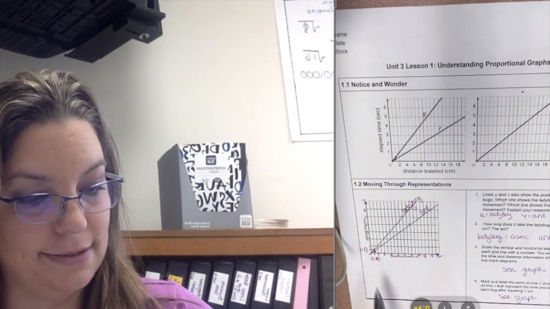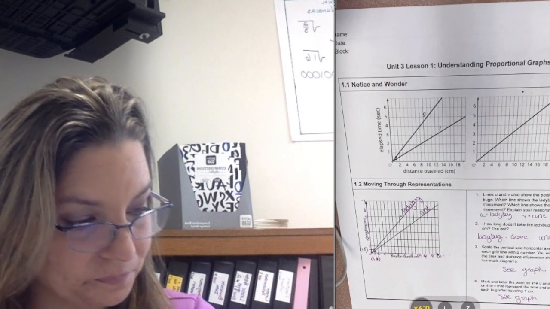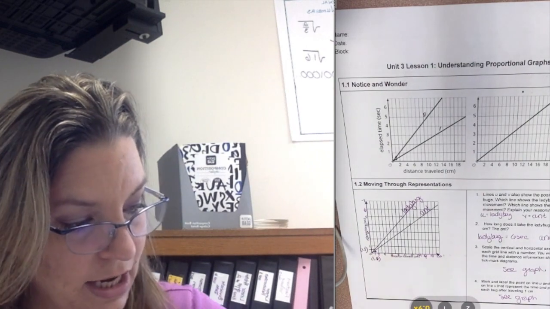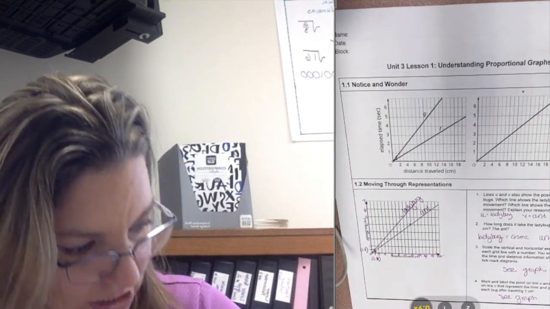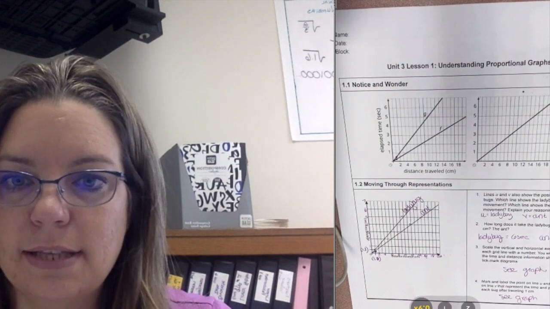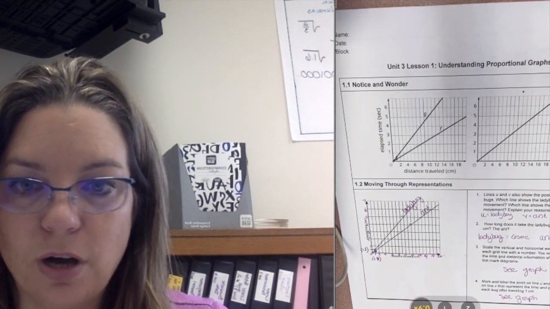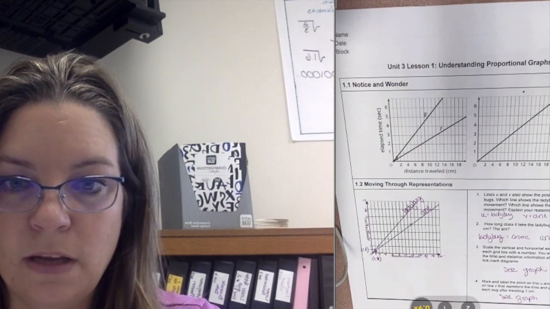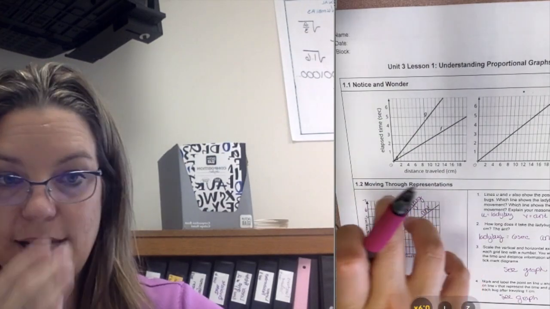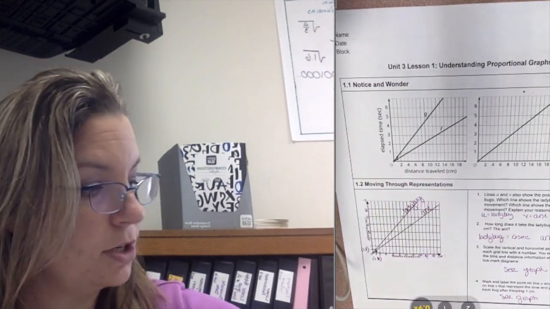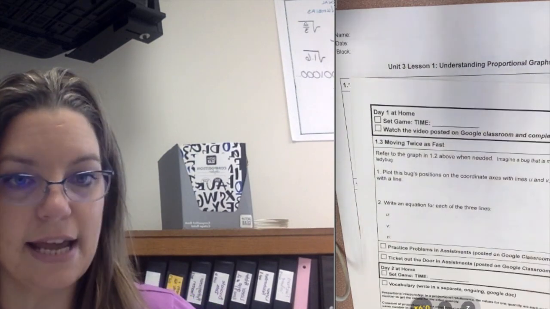We did our scale on the graph yesterday, and then we marked the points on line U and the point on line V that represents the ant and the ladybug after 1 centimeter. So we're actually going to use this graph to help answer our questions here today.